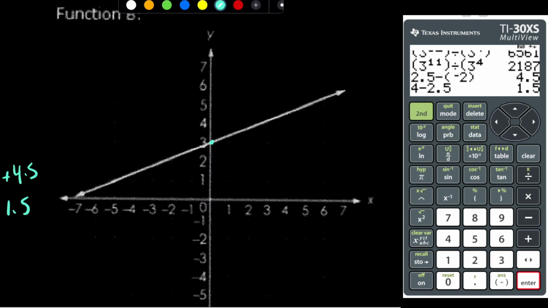We have a point at 0, 3, and we have a point at 1, 2, 3, 4, up 1. We have a point here. Okay. At 3, 4. This would be 3, 4.